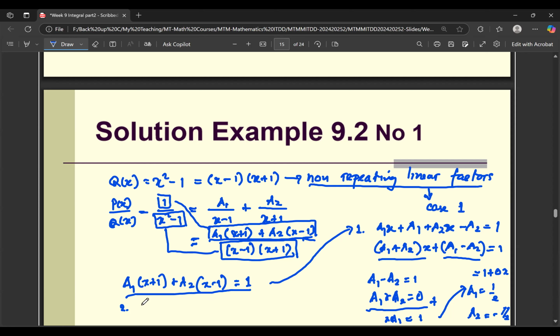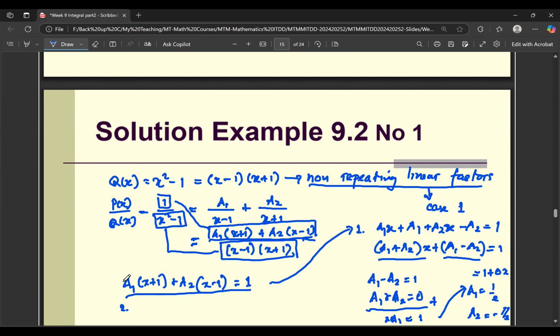By substitution, by substituting x into this equation. What kind of x can be substituted? It depends on us. There is no obligation. You can choose anything you like.